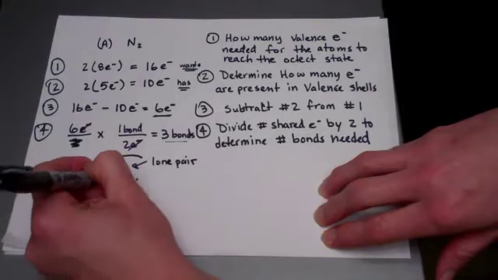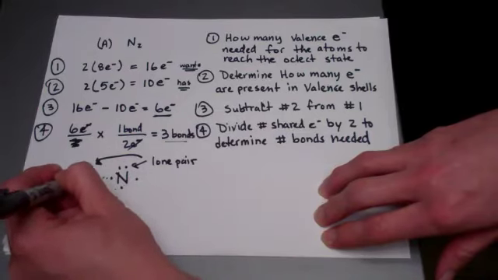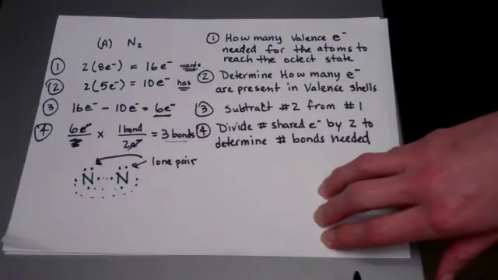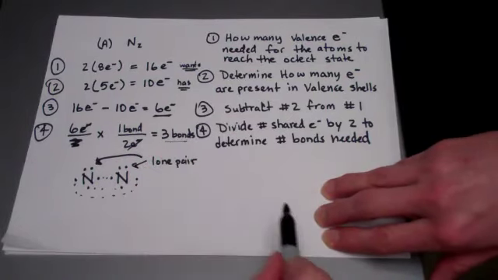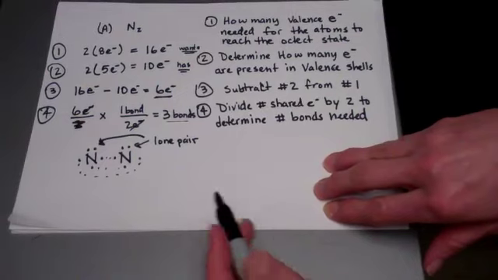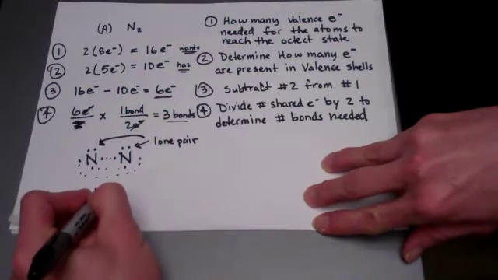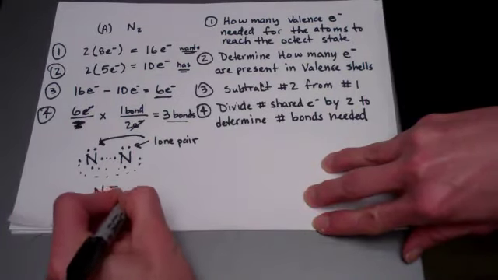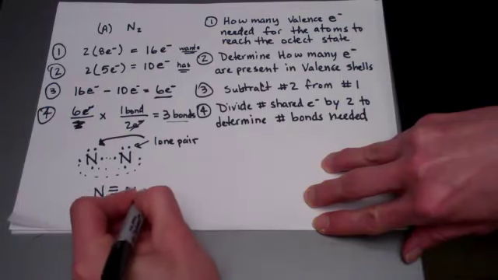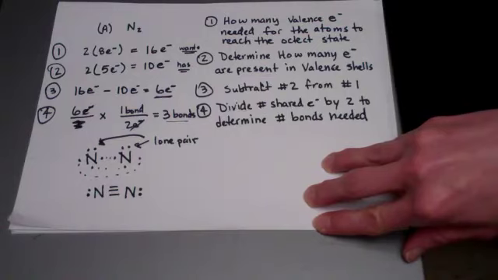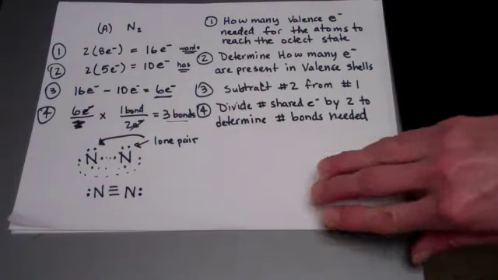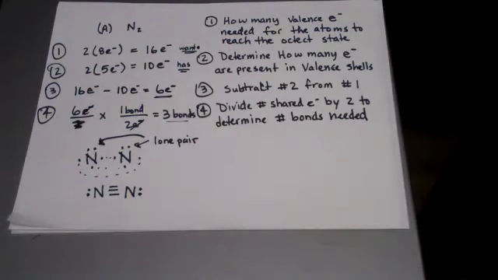Each of these 3 is going to form shared pairs between the nitrogens. This forms a triple bond because they have to form 3 bonds to meet their octet rule. So if we draw out the Lewis structure, we show each with a lone pair of electrons on it. This is our Lewis structure for nitrogen.